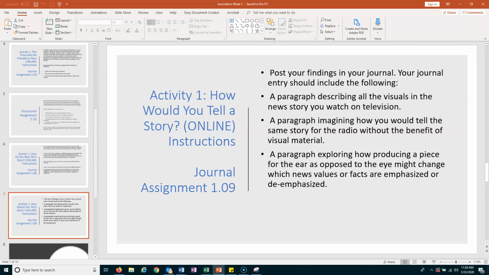Then you're going to have a very small paragraph describing everything you visually saw in the story. You could talk about the pictures, if there was video brought in, or the news reporter, their expression, and what they were wearing, whatever you want.